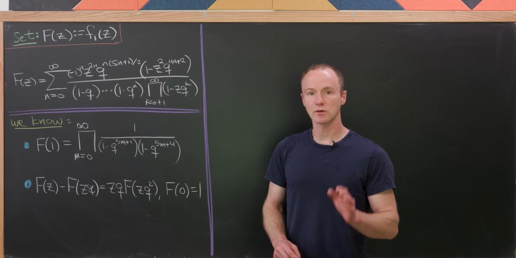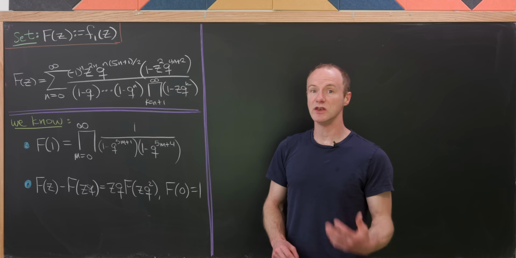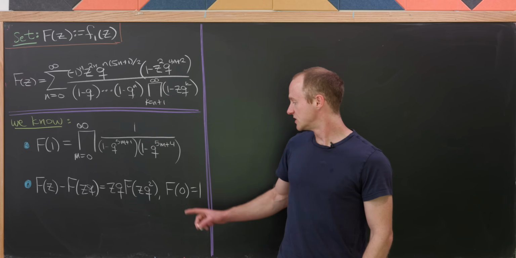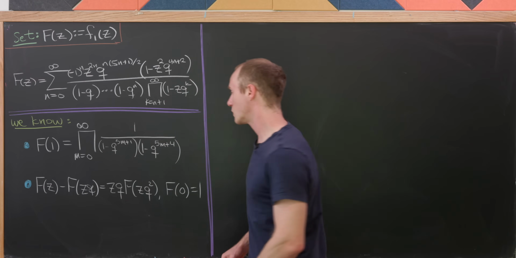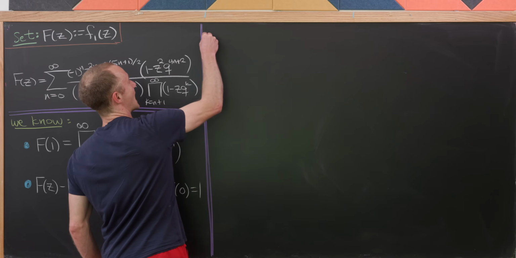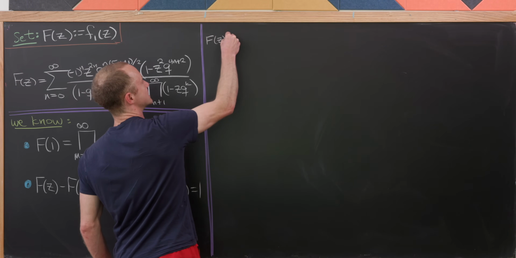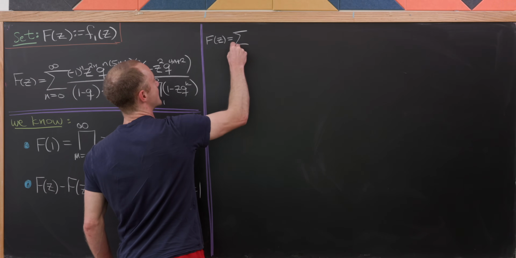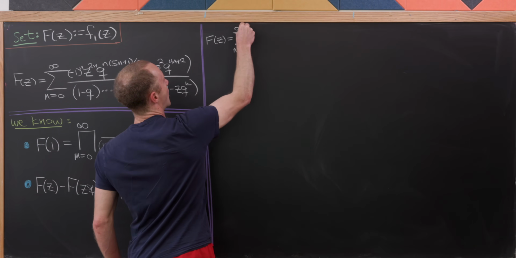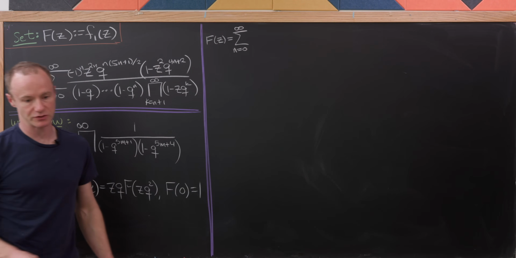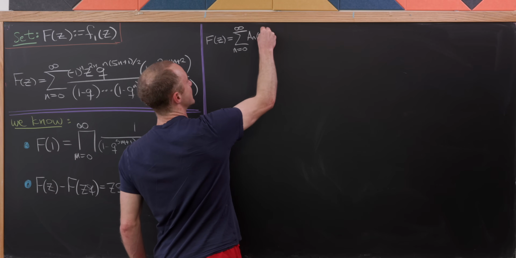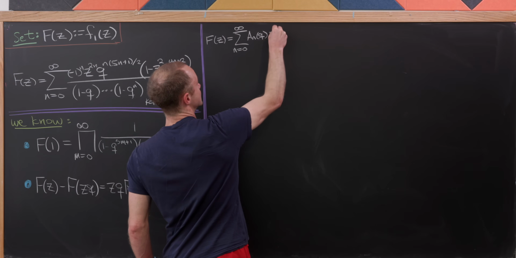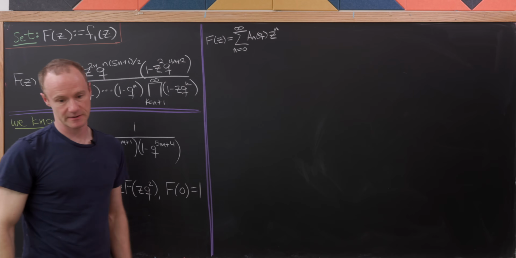So now what we're going to do is find another formula for F just starting with this recursion. We'll start by expanding F of z as a power series in z, so the coefficients are only in terms of q. We have the sum as n goes from 0 to infinity of a sub n of q times z to the n.